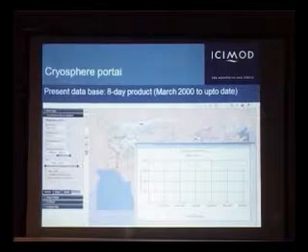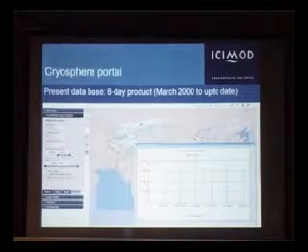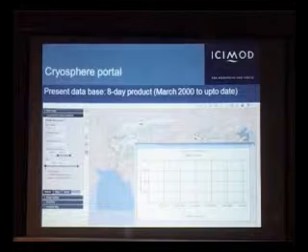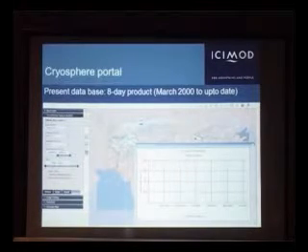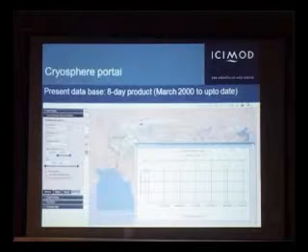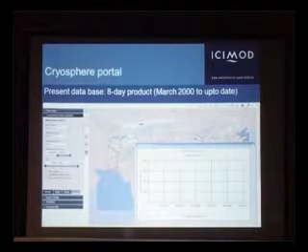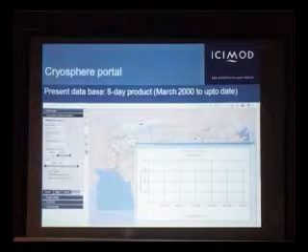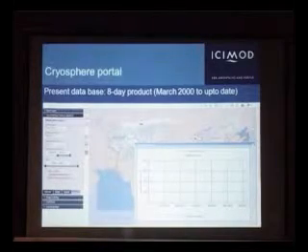As of now, we have an 8-day product from March 2000 up to date for the entire HKH Himalaya, as well as for the 10 major basins. For wider dissemination, we are trying to implement a web-based portal through which people will have access to this kind of product. We already have it, but we are in the testing and refining phase.